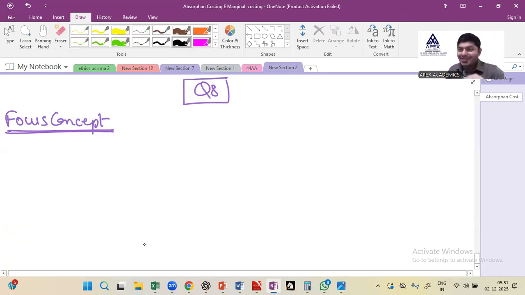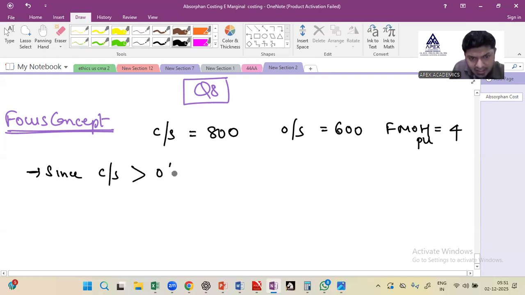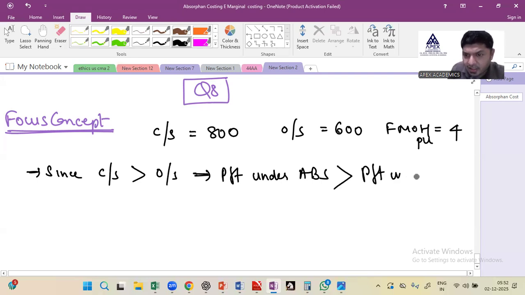Suppose I say that my closing stock is equal to 800 units and my opening stock is equal to 600 units and my fixed manufacturing overheads are given in the question as 4 per unit. In this scenario, since my closing stock is greater than my opening stock, my profit under absorption costing is greater than my profit under marginal costing.